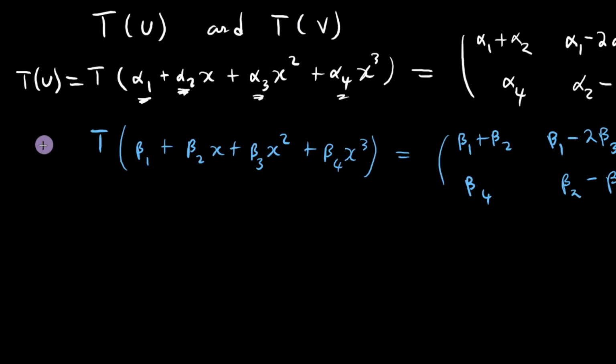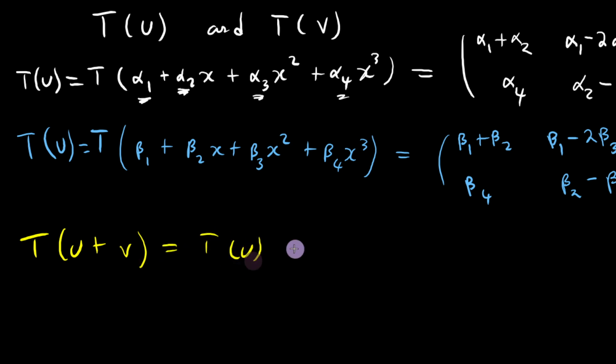Now you have your transformation of u and transformation of v. Now we can start proving. The first thing that we're proving is that the transformation of u plus v should be equal to the transformation of u alone plus the transformation of v.